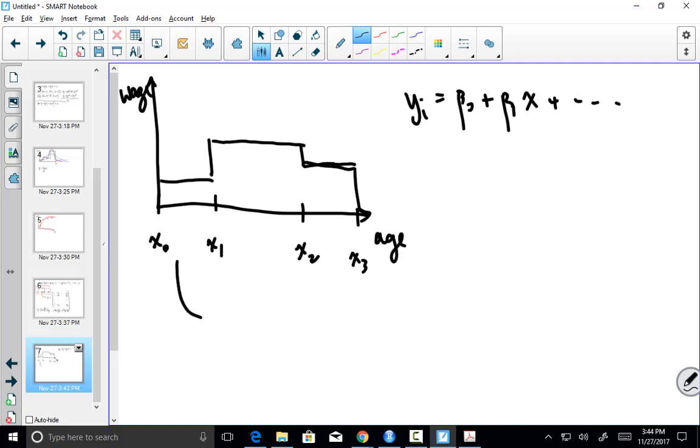Let's call my first, quote, dummy variable U1. And this is 1 if x is in that first bin, x0 up to x1. So I'll make it closed on the left, open on the right. If x is in between x0 and x1, I'm defining this new, quote, dummy variable to be 1, and otherwise, it's equal to 0.